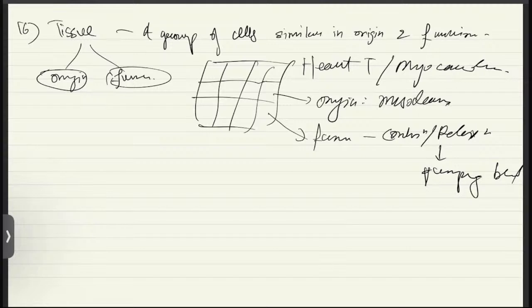What does this penicillin do? Actually, the penicillin stops cell wall synthesis. That is the primary goal of penicillin. It will stop the cell wall synthesis in a bacteria.